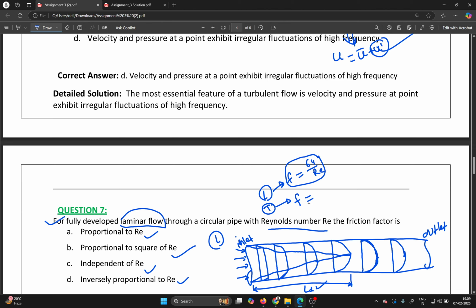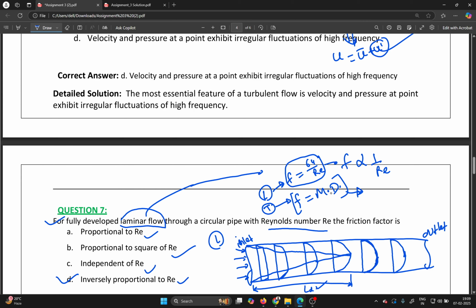And in case of turbulent flow, you need to go through the Moody diagram, or one very long equation is given that you need to remember. Sometimes a competitive examination can ask. Here we are discussing laminar flow, so you need to calculate the friction factor using this formula. If your f is inversely proportional to Re in case of laminar, option D will be correct.